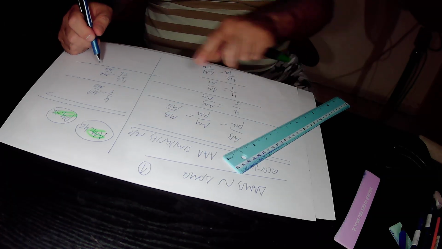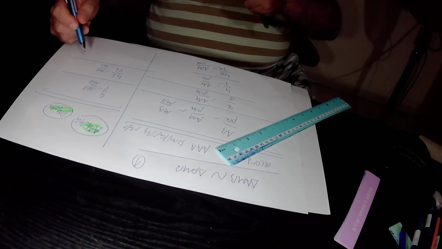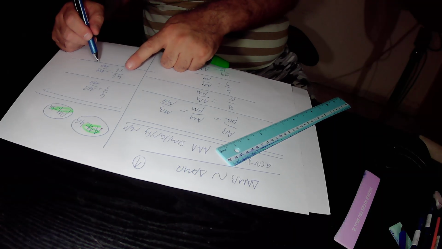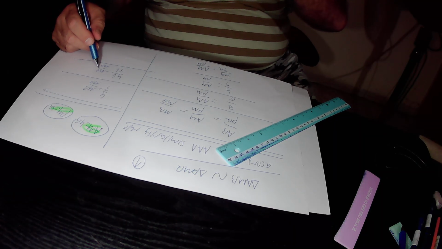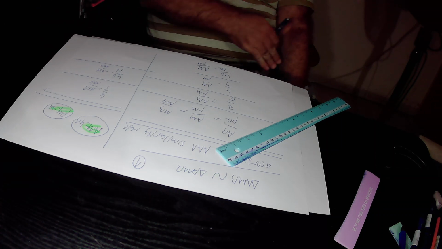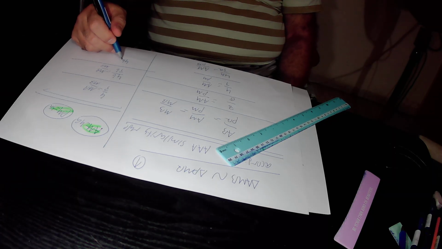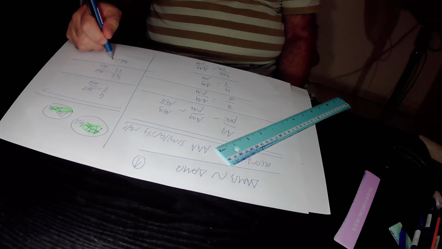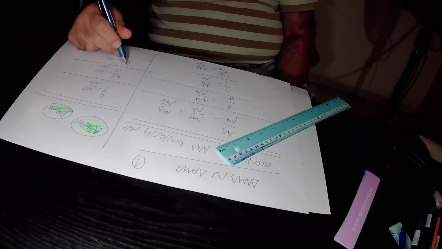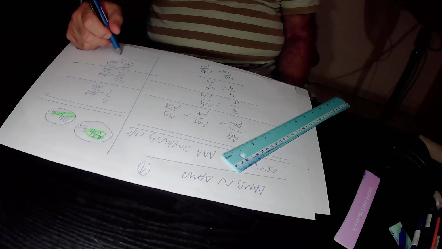Those two sides of the equation are equal to each other, and therefore the numerator of this side of the equation must be equal to the numerator of this side of the equation. So this is to say, 4B must be equal to MB, and 3B must be equal to MQ.